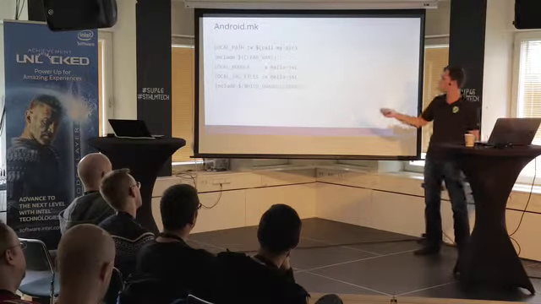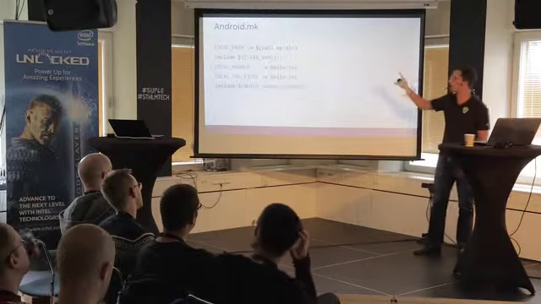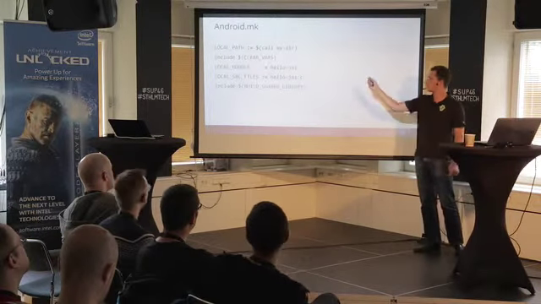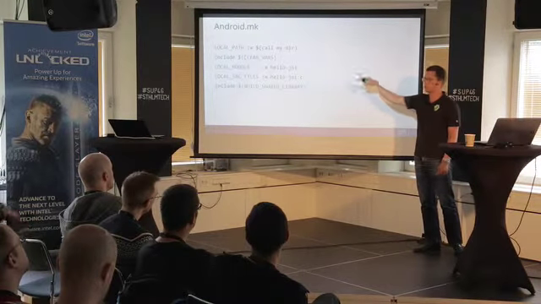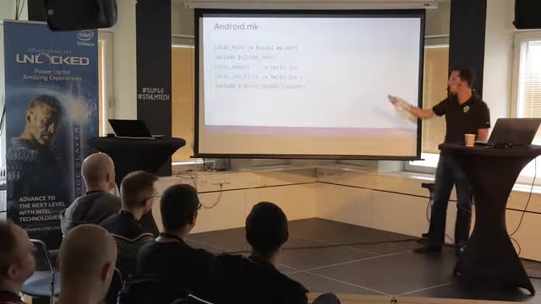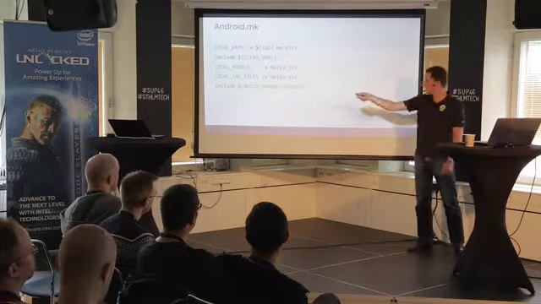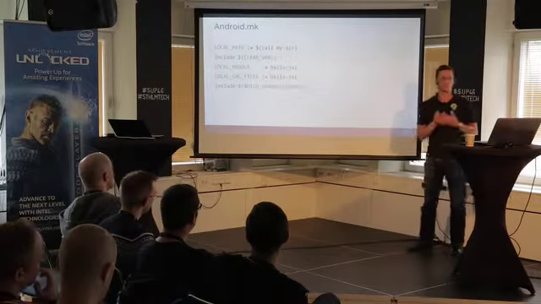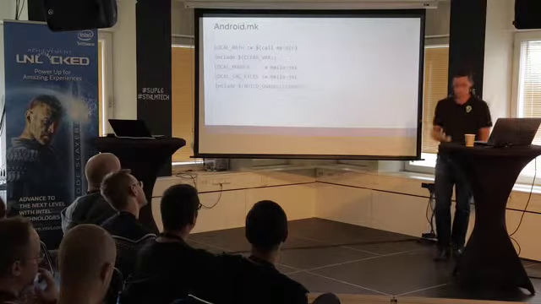Inside Android.mk, you define your NDK modules. This is the shortest Android.mk you can have. The first line is mandatory: you need to declare the local path. Then you clear your variables, that's a macro from the NDK. Then you define the name of the module, LOCAL_MODULE, and here I define hello-jni. Then you give your sources, and then you include the macro that tells the NDK to build your .so file. It's BUILD_SHARED_LIBRARY.